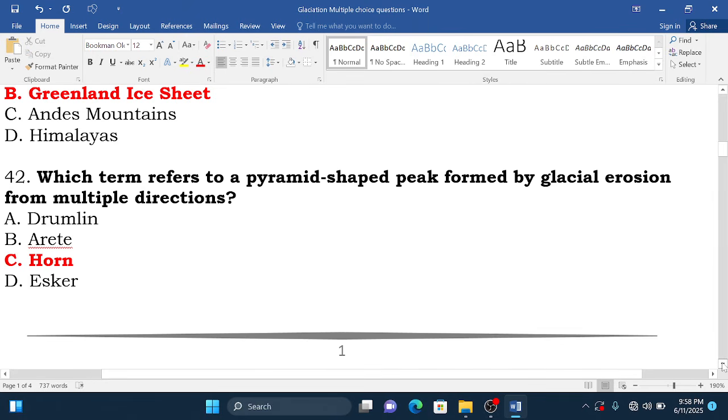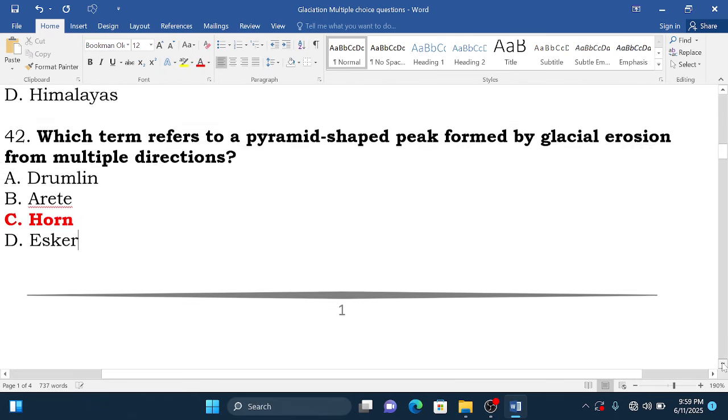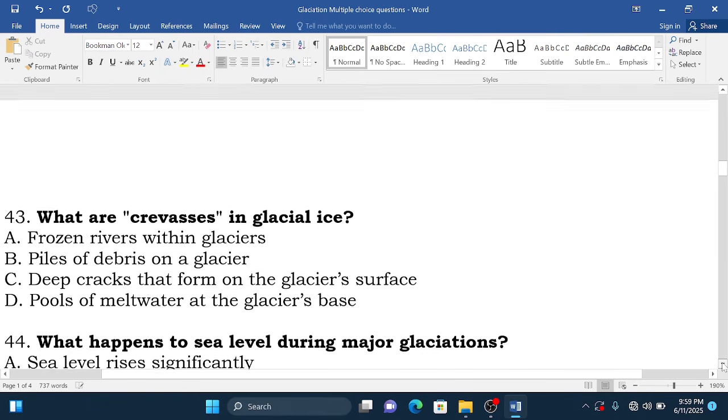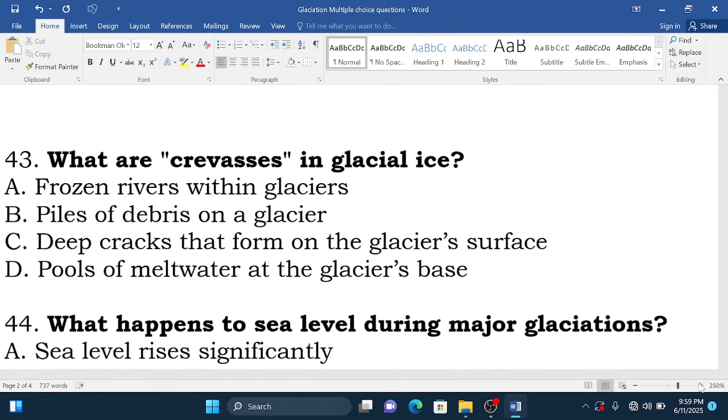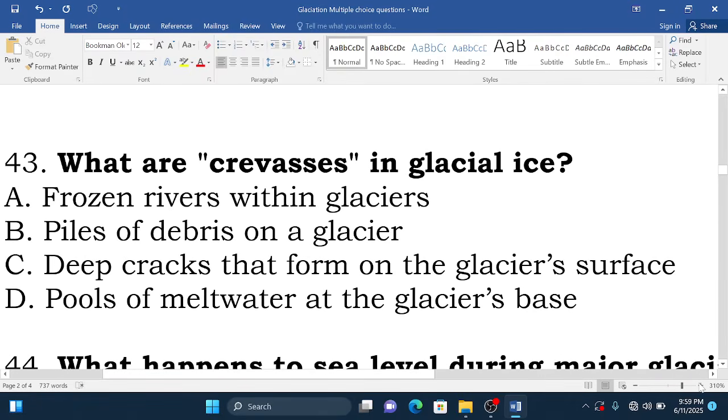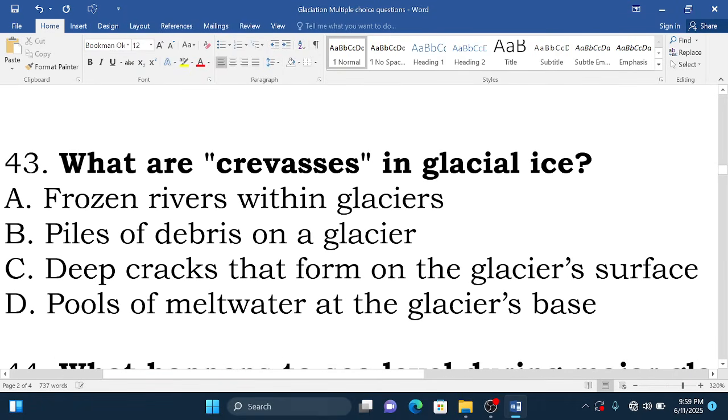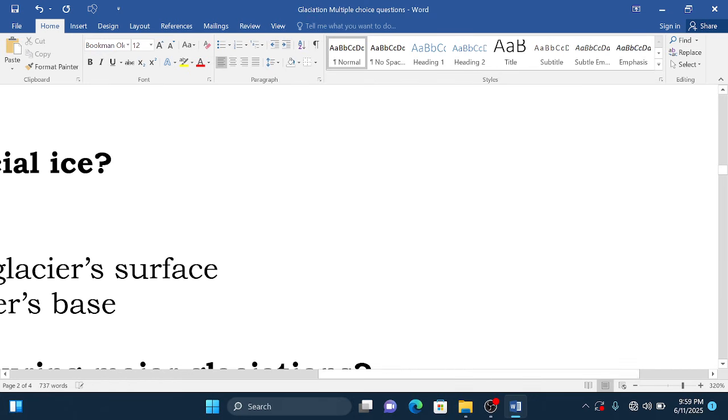Okay, let's go to question number 43. Question 43 is asking, what are crevasses in glacial ice? A, frozen rivers within a glacier.